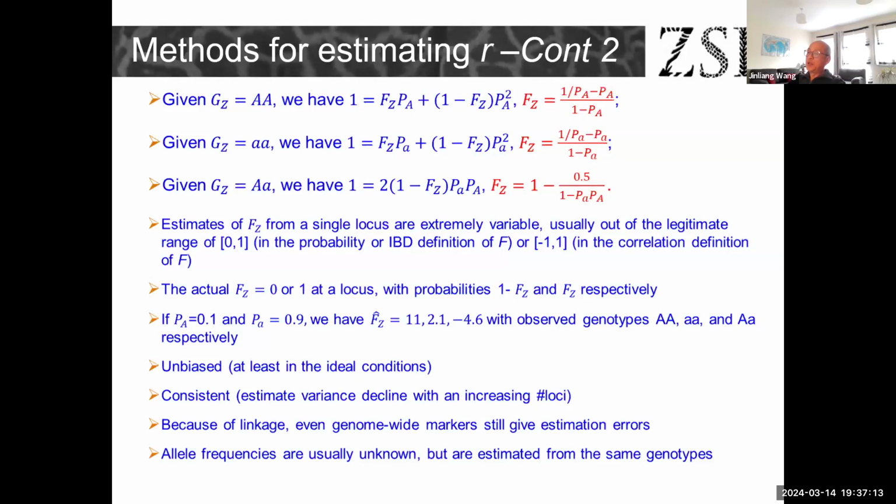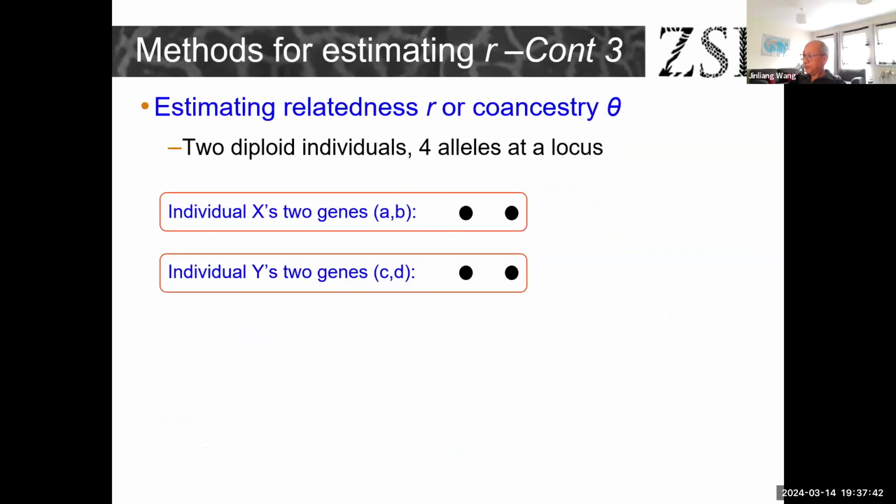It is really the factor that allele frequencies, although assumed known, are actually not known. They have to be estimated. There are quite a few problems associated with estimating allele frequencies from the same sample used to estimate relatedness and the inbreeding coefficient. I will illustrate this point later on.